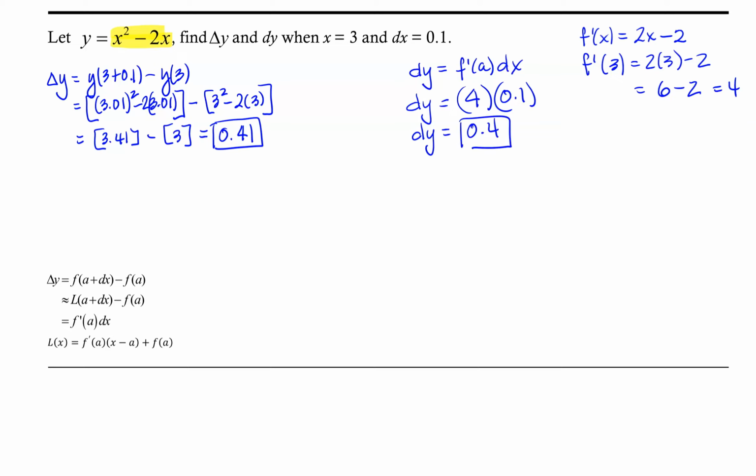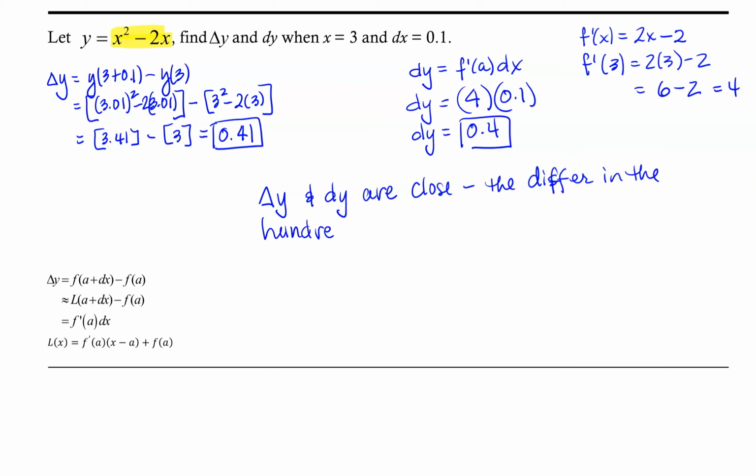Now, what I want you to notice is that delta y and dy are close. They only differ in the hundredths place.